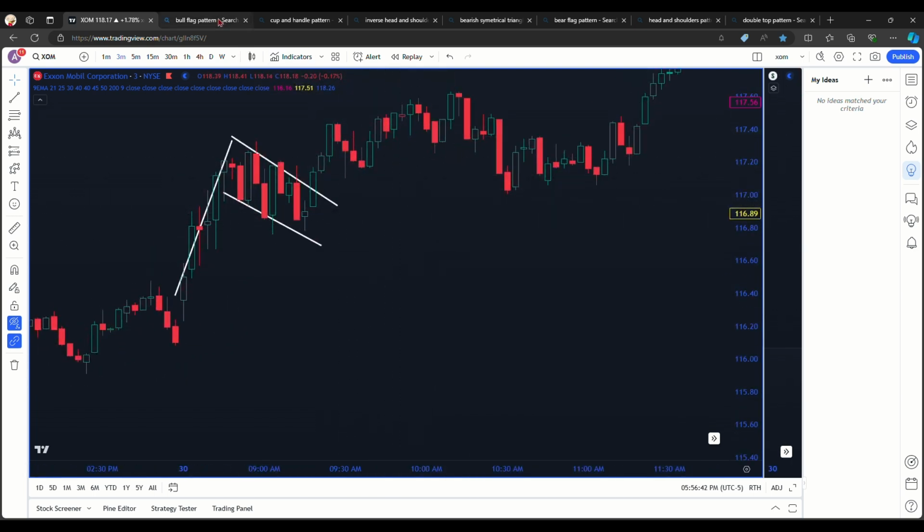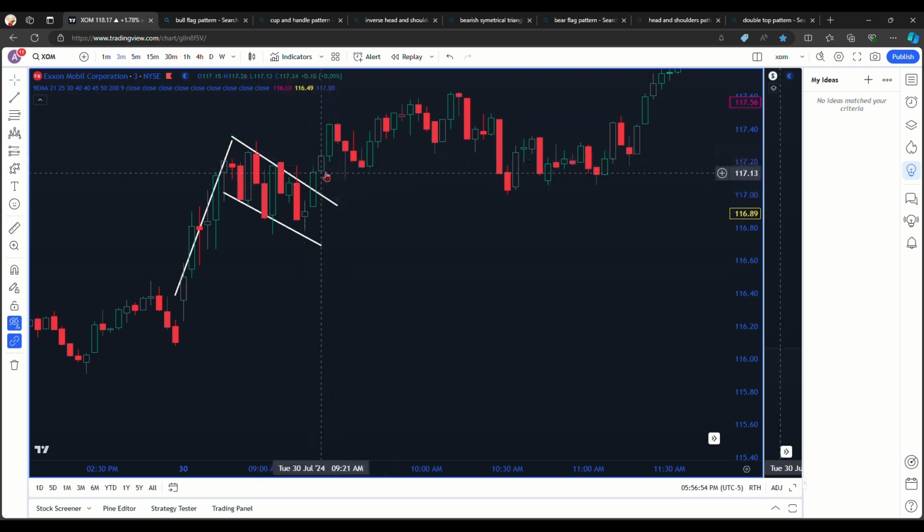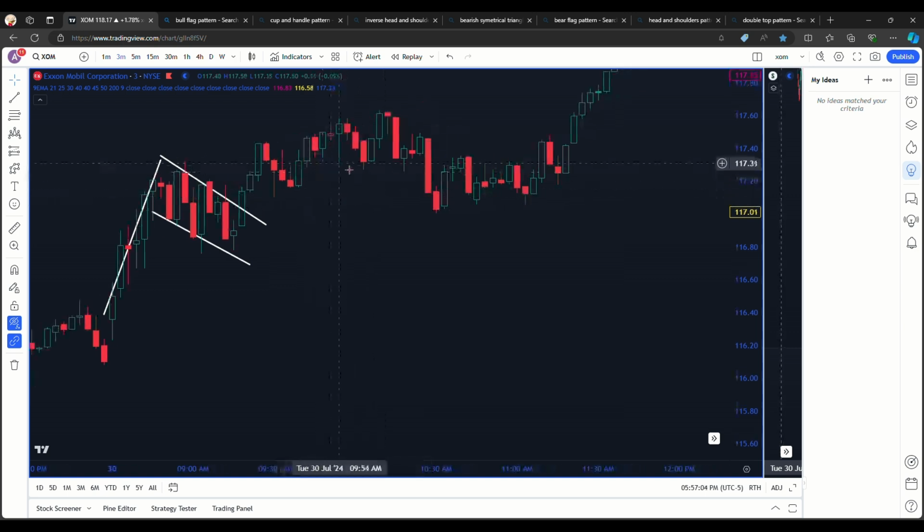Now for reference, this is what a bull flag looks like. You got the uptrend, 2 lines across with the angled kind of consolidation channel, and then you wait for your break, and there it was. So around this area I would have entered, set my stop loss below this first break candle, and let that puppy ride.